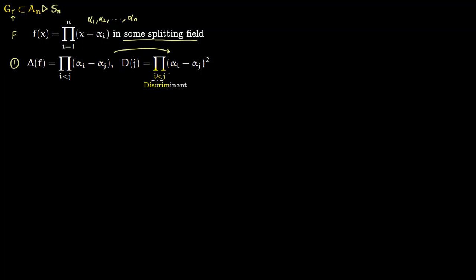This D of f is called the discriminant. So again delta f is just the difference of two roots, but you have to arrange them in ascending order so that you have the difference alpha i minus alpha j with i less than j. Same here, i is less than j, and you're just squaring it.